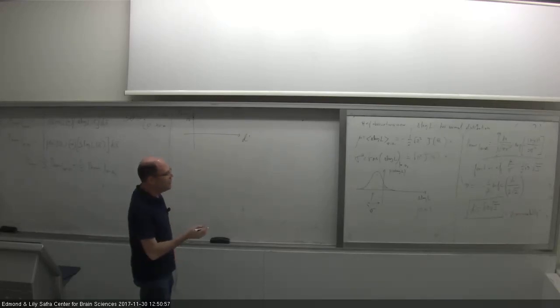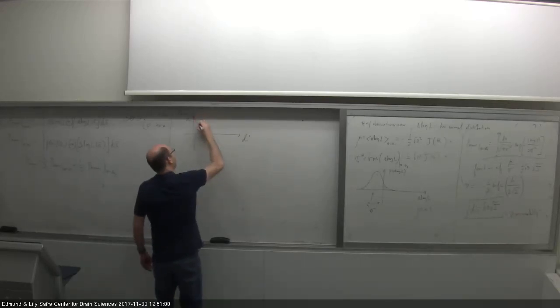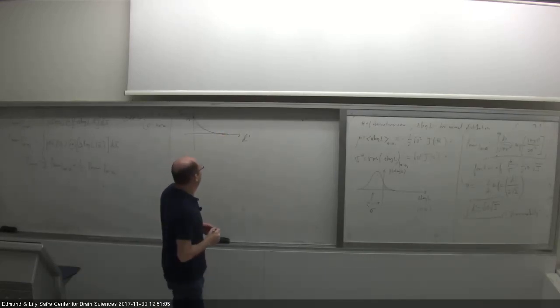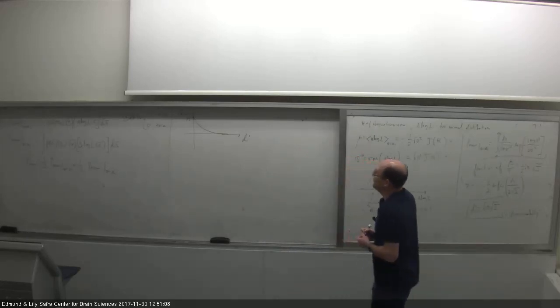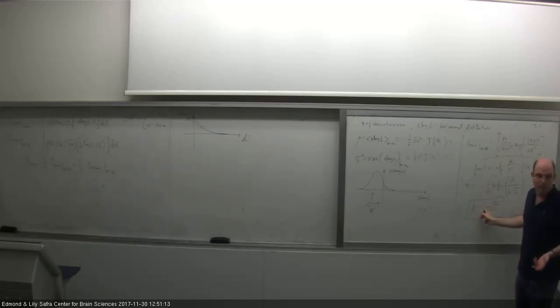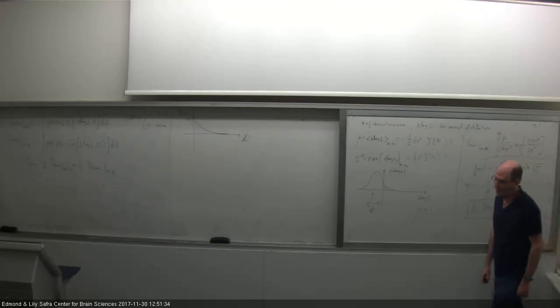And it goes down as we increase d prime, like this. In the limit where delta theta approaches 0, if delta theta is 0, then there is no difference between the two stimuli. So of course our probability of error must be half, right? And if delta theta is finite, the more observations we have, or the more informative the observations are about the stimulus, the larger d prime will be, and we will have a smaller error.